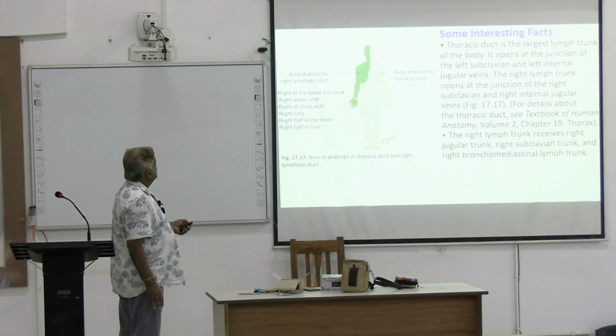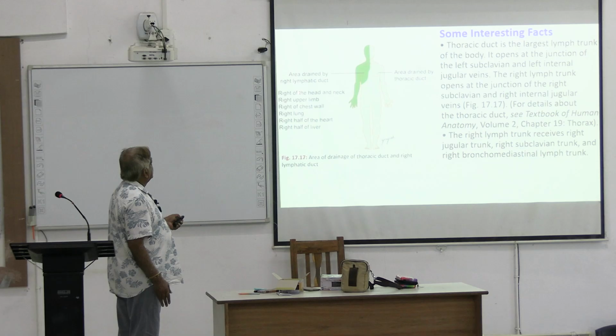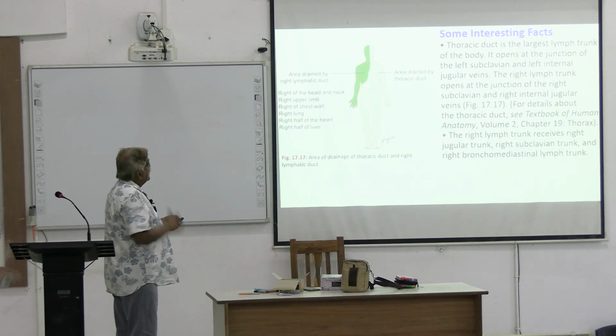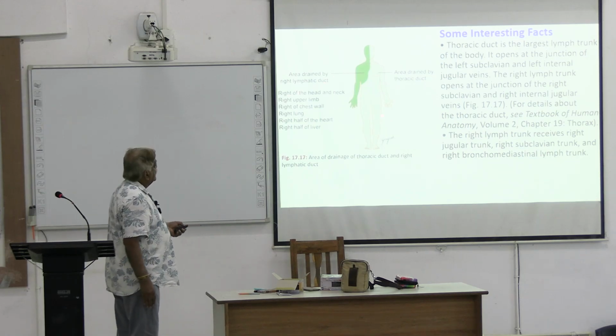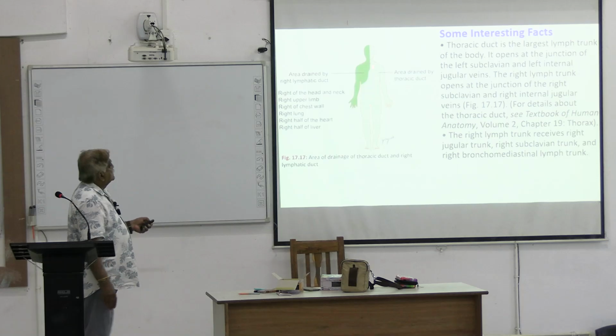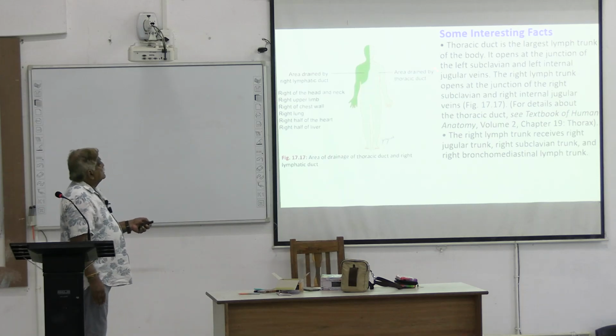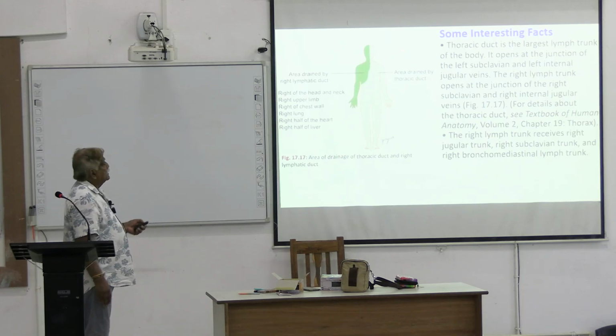This portion. The thoracic duct, you just draw a figure like this, and you bring it to the elbow region, then the total right side is drained by the right lymphatic duct. Now, this is the area drained by the thoracic duct.